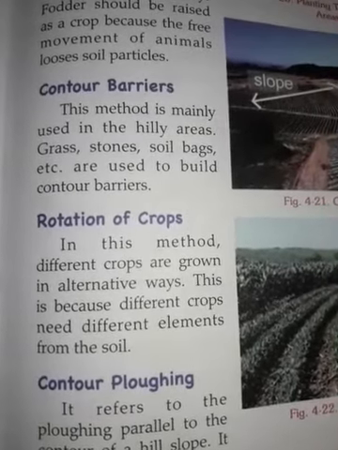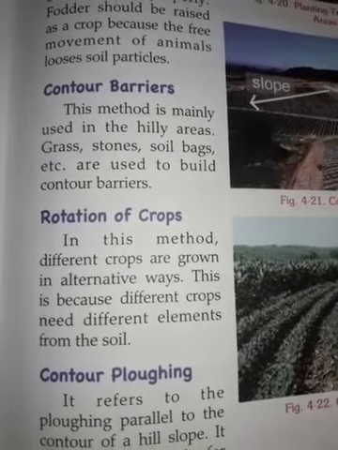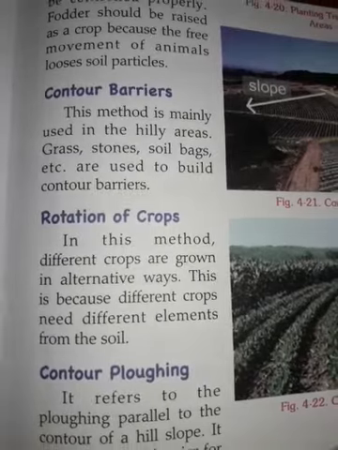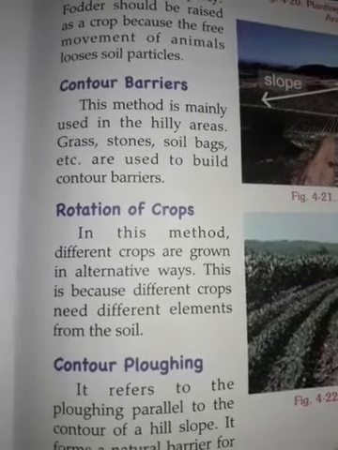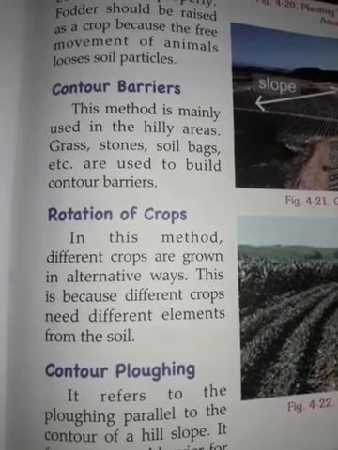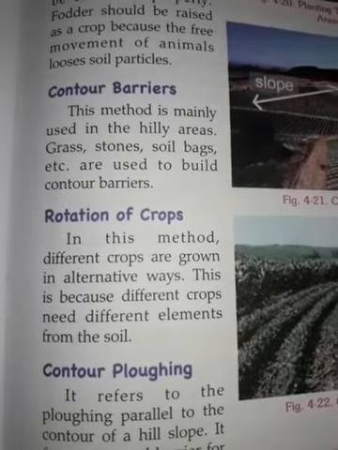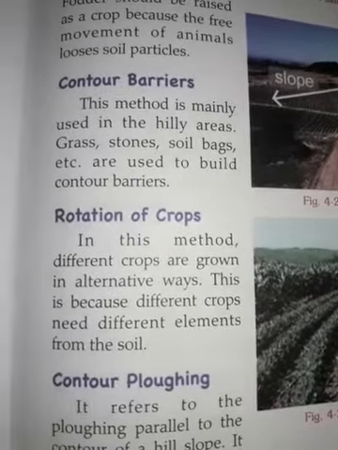The leguminous plants should be grown along with the non-leguminous plants so that the fertility of the soil can be maintained and the soil will not become loose, and it also helps in protecting soil from erosion.